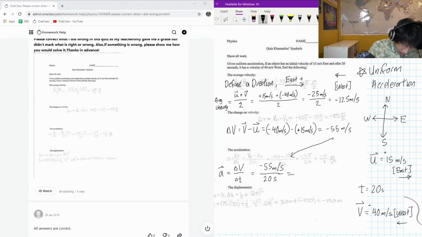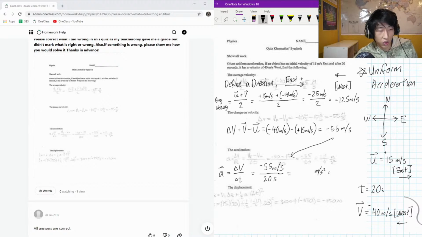And if you look at the unit, it is going to be meters per second squared. Essentially what that means is our meters per second changes every second by this amount.